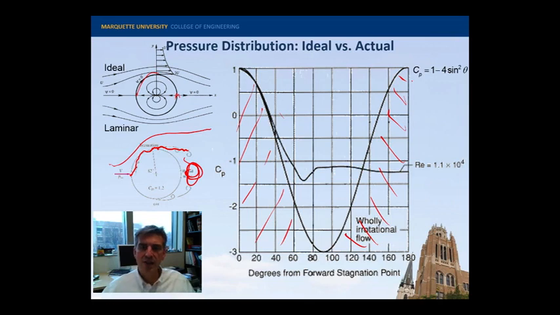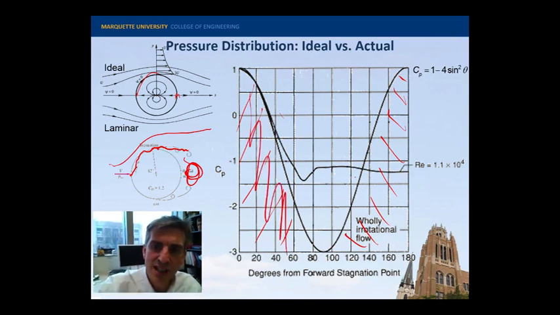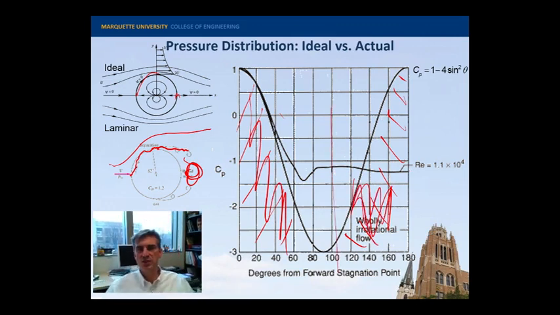When you look at a flow like this, you have all of this area under here, but you didn't get as much under this portion after 90 because of the flow separation. So you end up with not as much pressure recovery and a net force in the drag direction, right? And so that's where the drag comes from, at least the pressure drag, right?